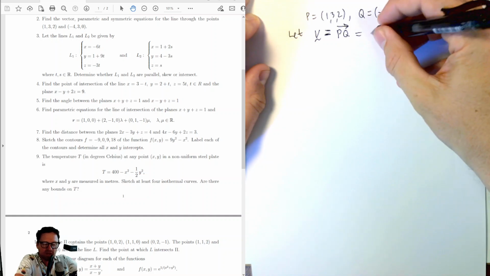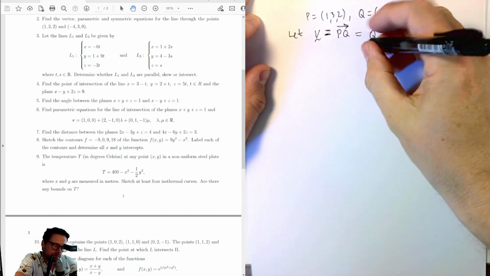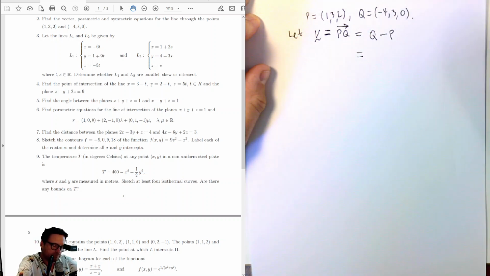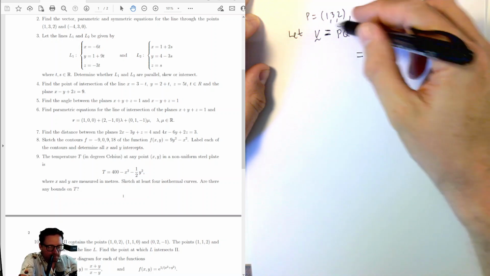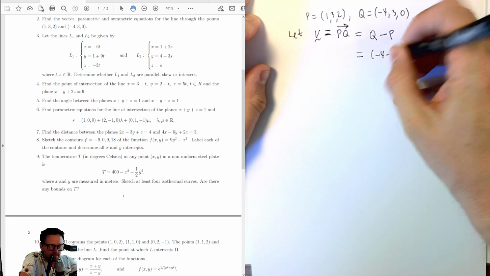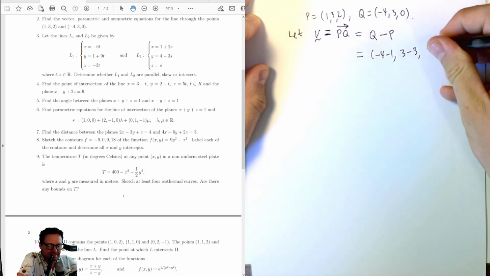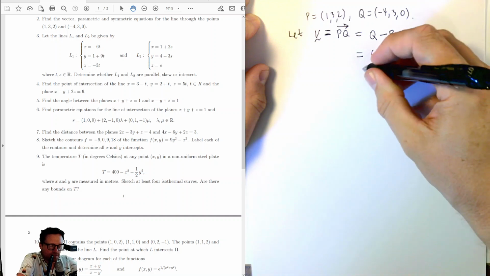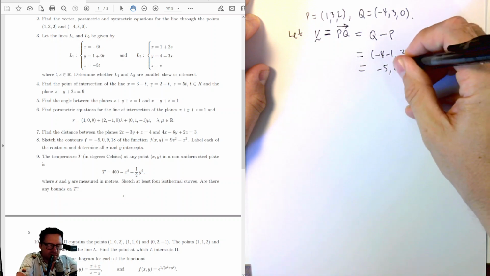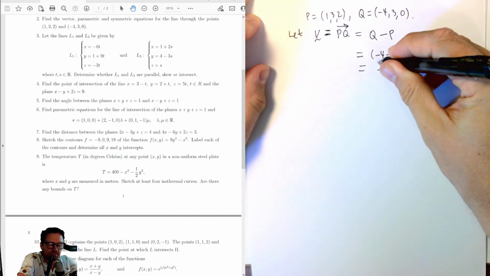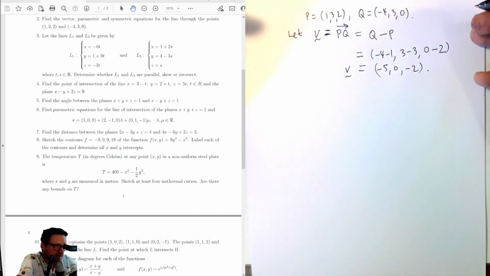And so we compute that via Q minus P. And so that's -4 minus 1, comma 3 minus 3, comma 0 minus 2. So we've got (-5, 0, -2). Okay, so this is our vector V.